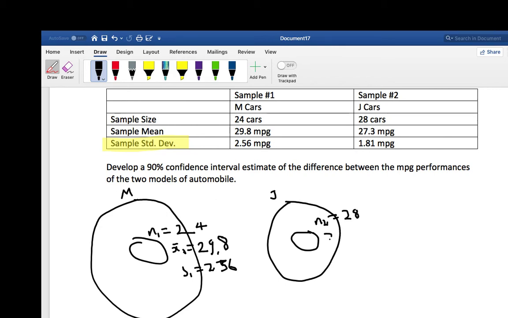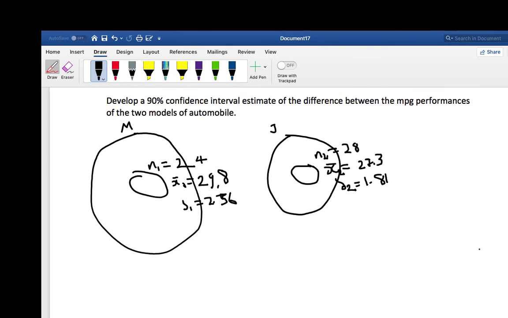The average, call it x2 bar, the average miles per gallon for this is 27.3 miles per gallon, and the sample standard deviation is 1.81. There you go. So what they want us to do is find the interval estimate for the difference in the mileage between the two types of cars, American or Japanese.